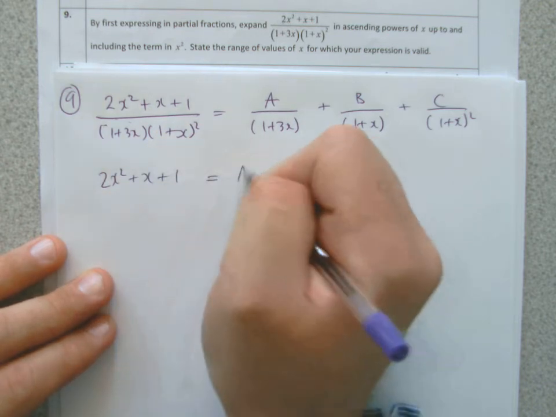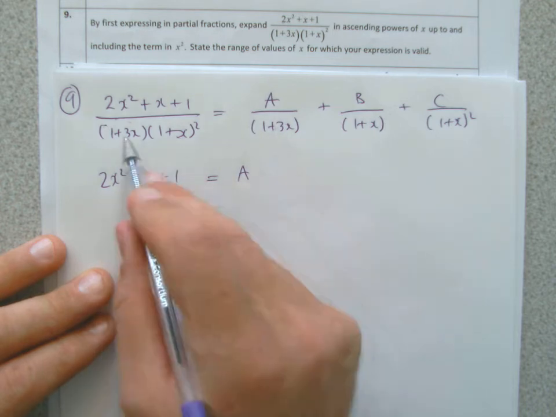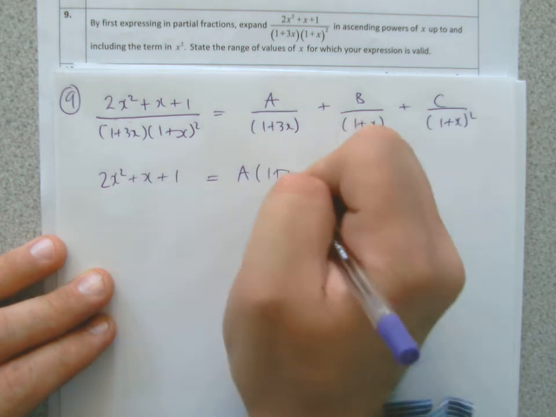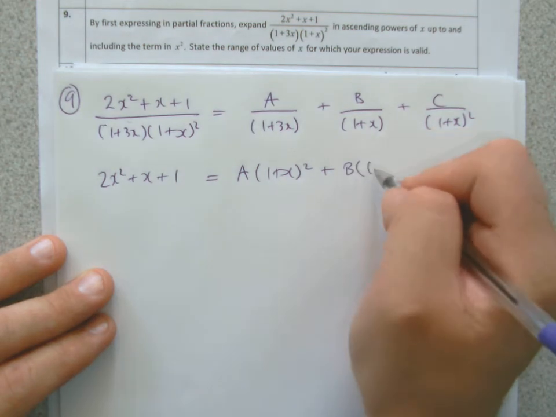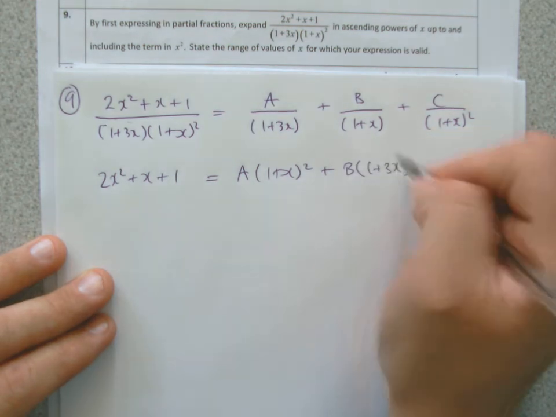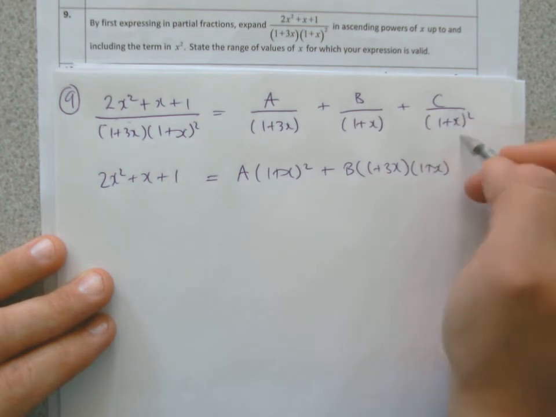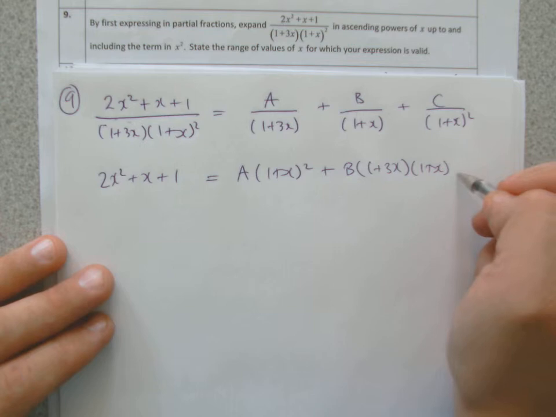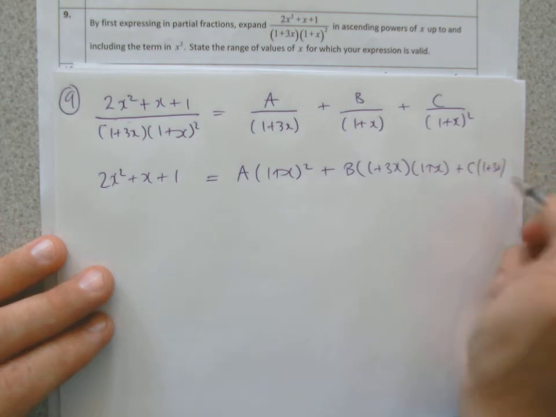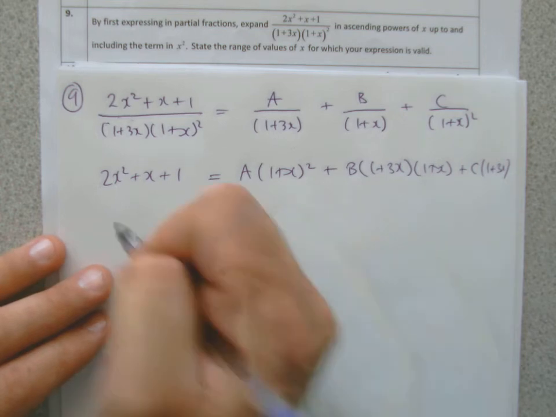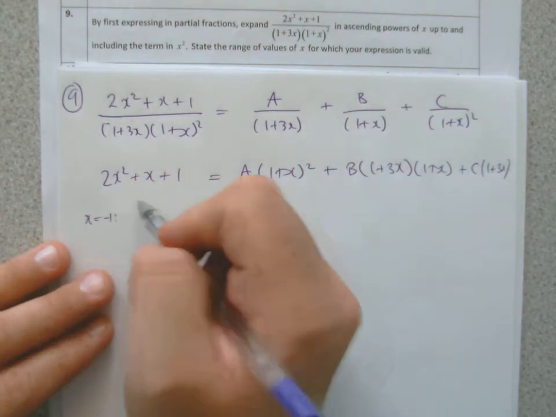The 1 plus 3x will cancel for A, so you get 1 plus x all squared. For B, 1 plus 3x and then 1 plus x is left over, and for C, the 1 plus x squared cancels, so 1 plus 3x there.